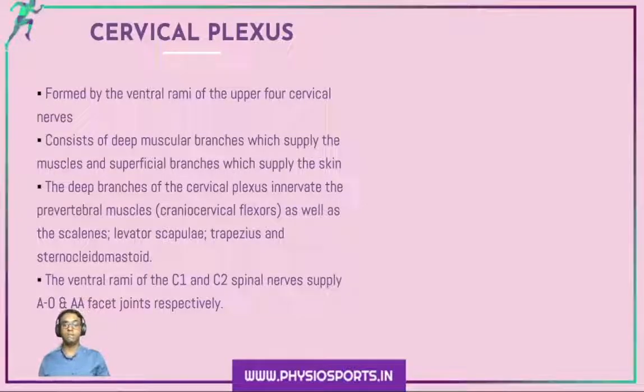The lesser occipital nerve, formed by branches of the ventral ramus of C2, supplies the skin of the neck and scalp posterior to the ear. The greater auricular nerve, formed by the branches of C2 and C3 ventral rami, supplies the skin around the ear and mastoid area.